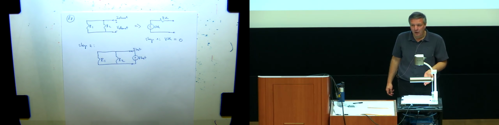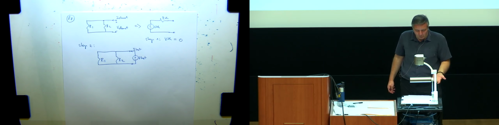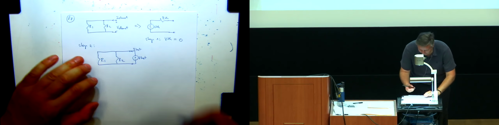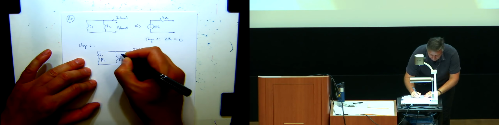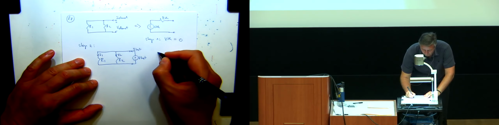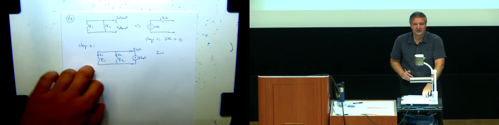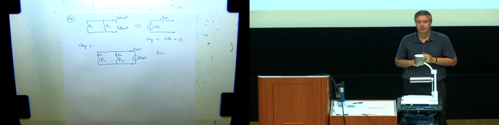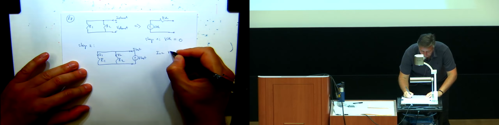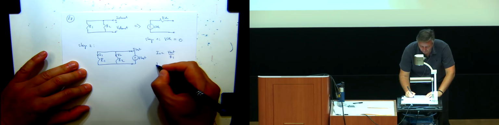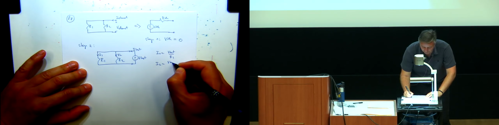So the same deal here. That makes it a lot easier for me to compute what the current through each one of these elements is. So let's label these currents. This is I1, this is I2. Just like we did in the touch screen, what would I1 be in this case? V test over R1, right? And then I2 would be V test over R2.